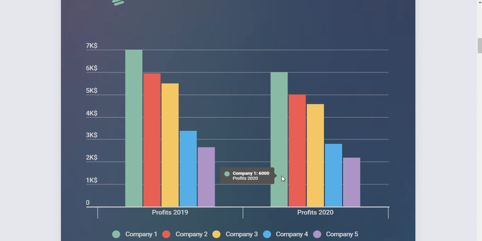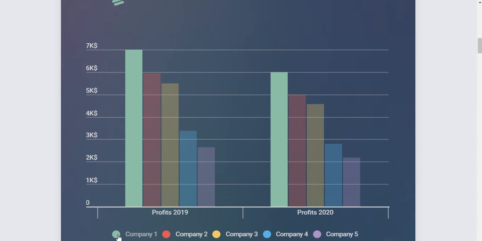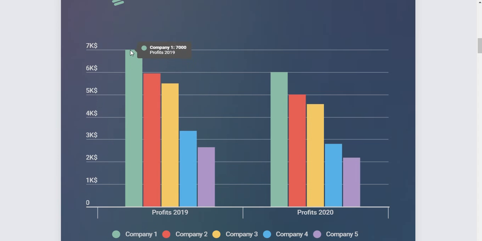The color not only helps you prove a point, not only visually, your audience can see there is a decrease from here all the way down to here, but also the colors help your audience identify which company you're talking about.